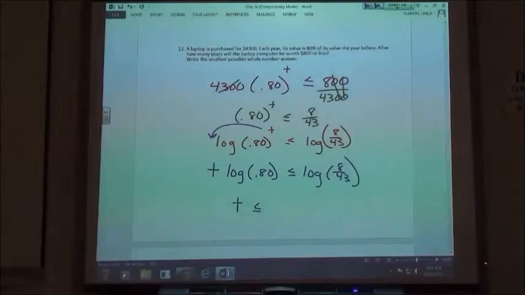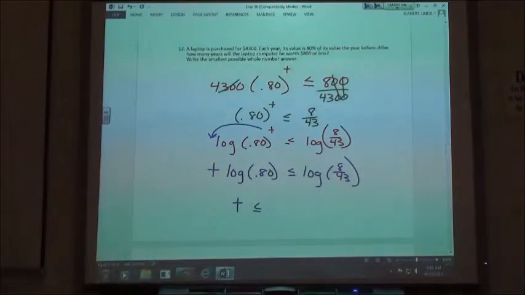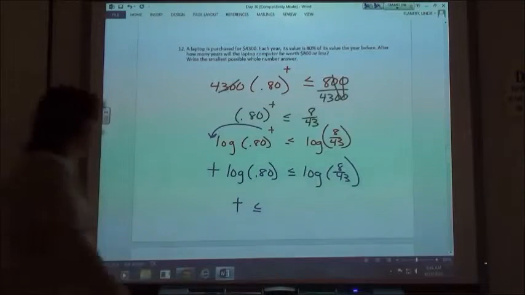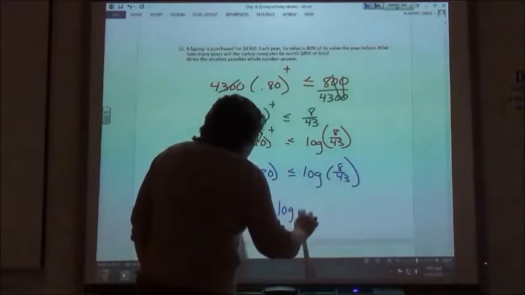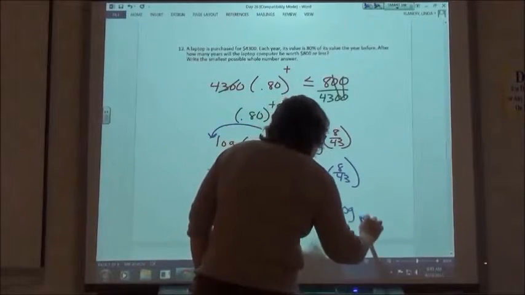And then we divide. We're going to divide the log of 8/43 by the log of 0.8.